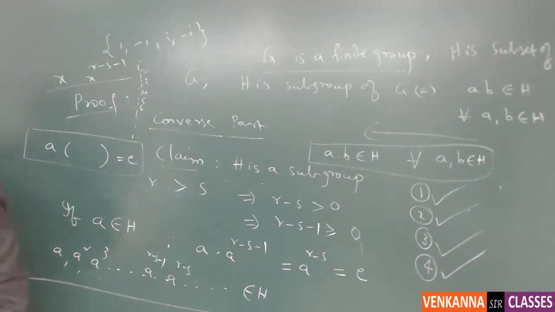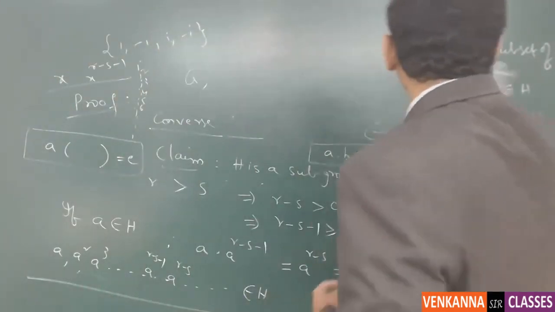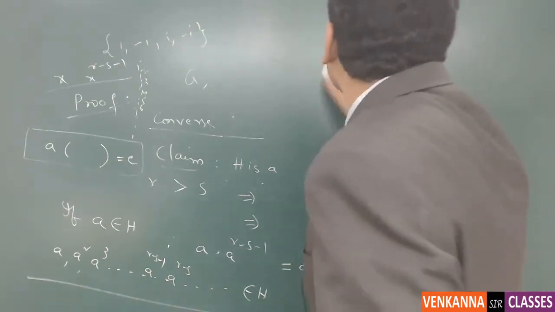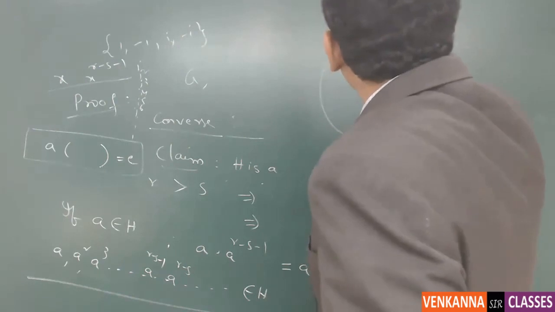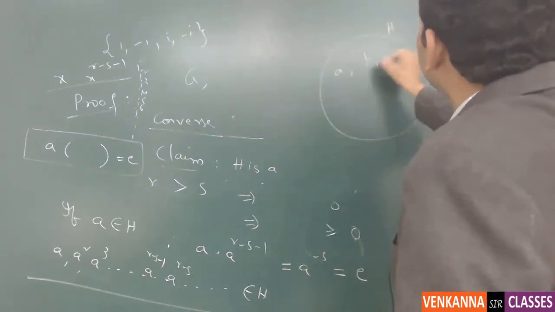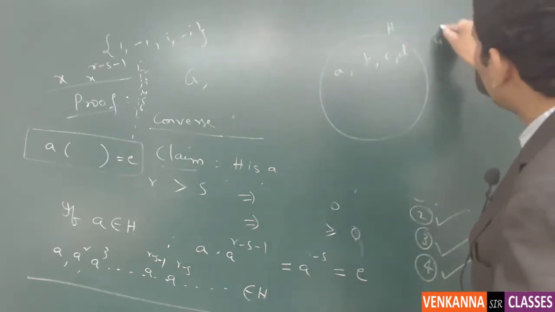So in this sense, please understand, here A is not only the element, it is not a generator. Let me say, the thing we need to observe here is, if you take H, H will contain say A, B, C, D. So H exactly contains 4 elements.